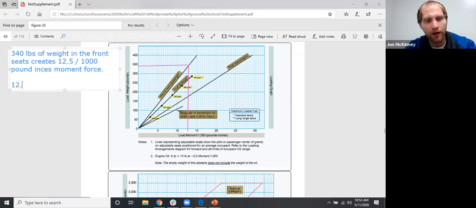And 12.5 divided by 1,000 is really the same thing as saying 12, and then I need three decimal places over, so that's 12,500. And that would be pound-inches.